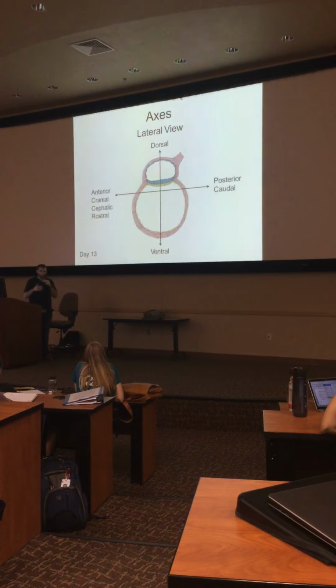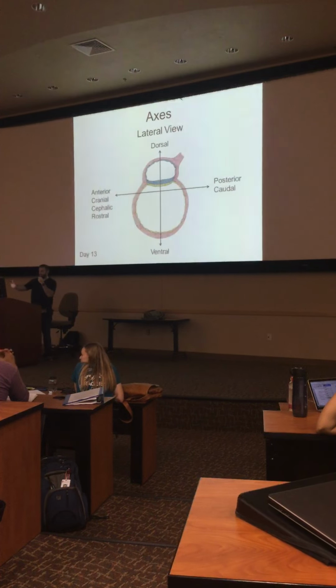Okay, so imagine a lizard. Okay? And I'm laying on my stomach right now. This part that says anterior cranial cephalic would be the top of my head, and then what says dorsal would be my back. Okay? The next slide, all he's doing is taking what is my back and then rotating towards you. So it'd be like I rotated onto my right side. Does that make sense? Because if you think about that.